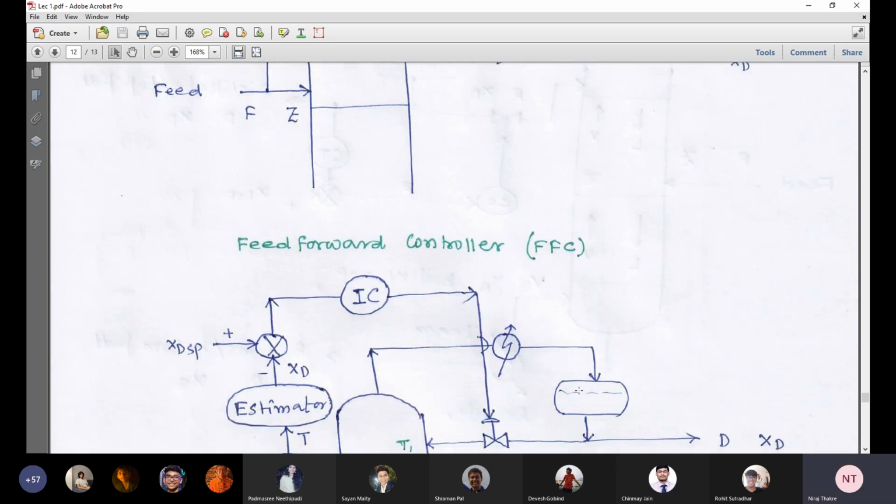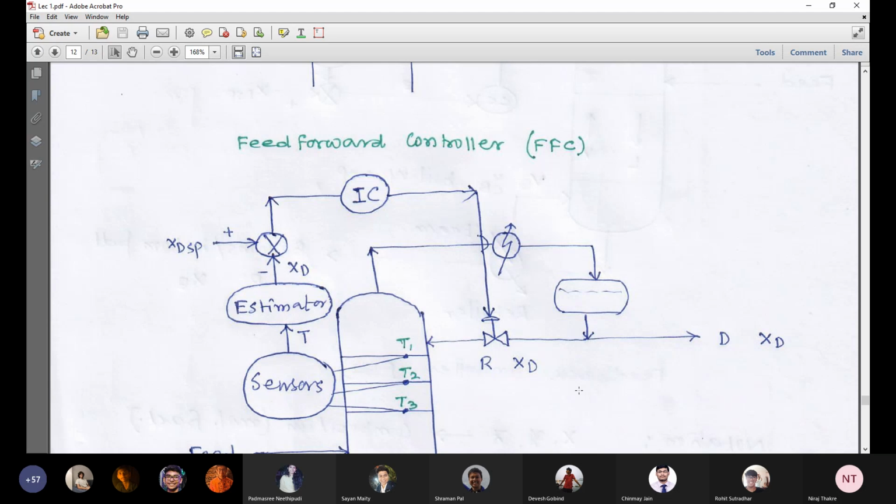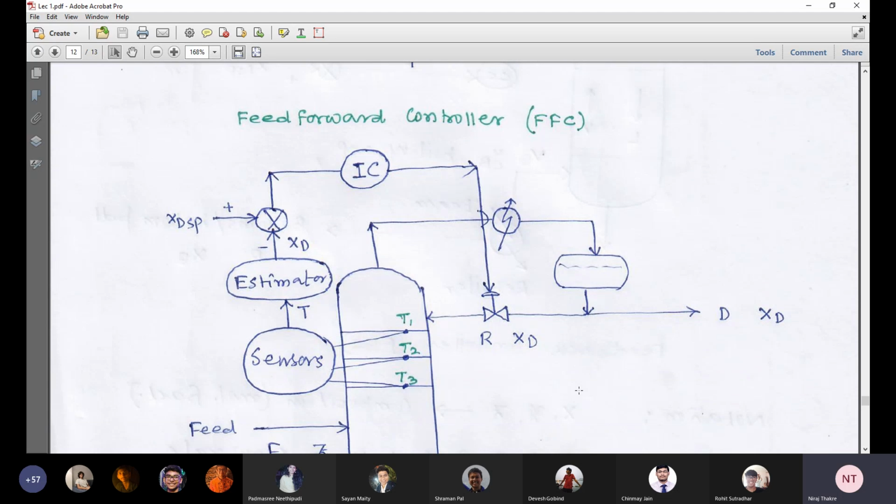Okay. Now let us come to another control scheme. If you recall the variable classification table, I mentioned there that the measured outputs are of two types. One is primary measurement, another is secondary measurement.